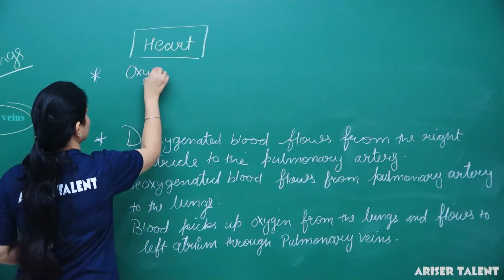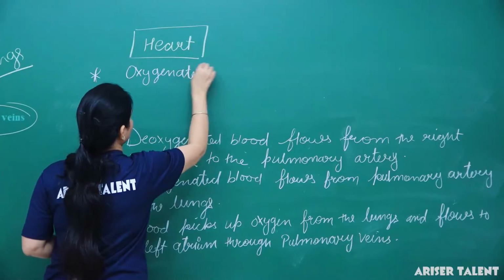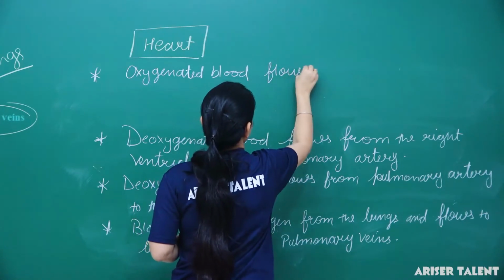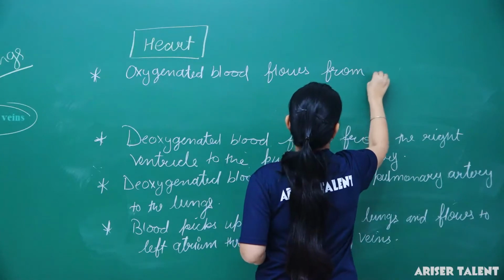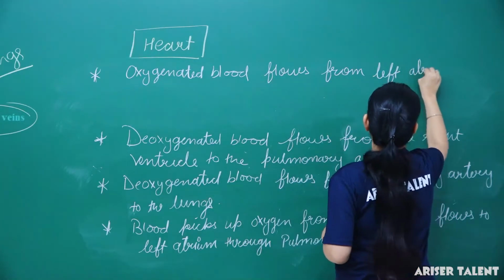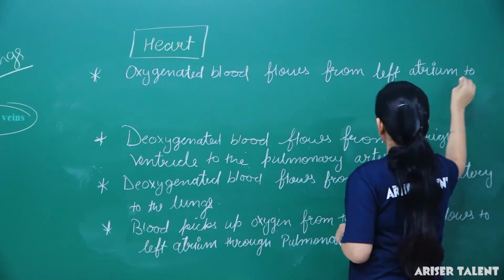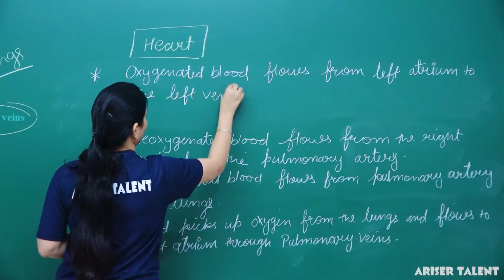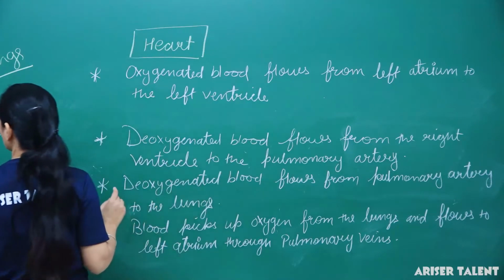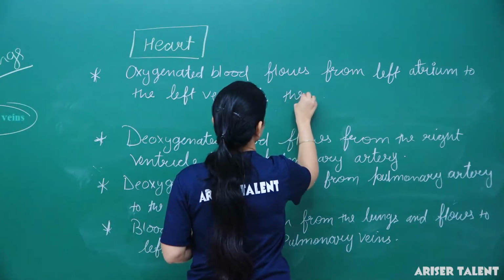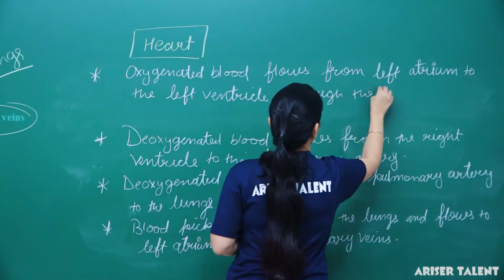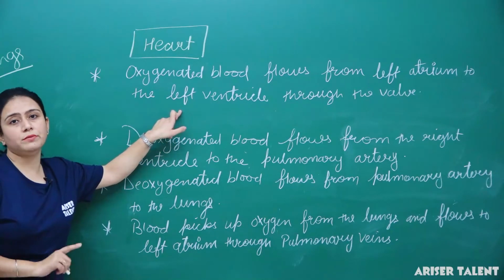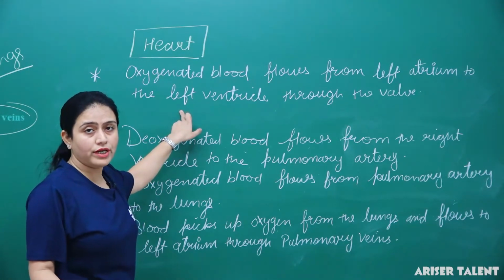Let me mention, oxygenated blood flows from the left atrium to the left ventricle through this aortic valve. Okay, fine.